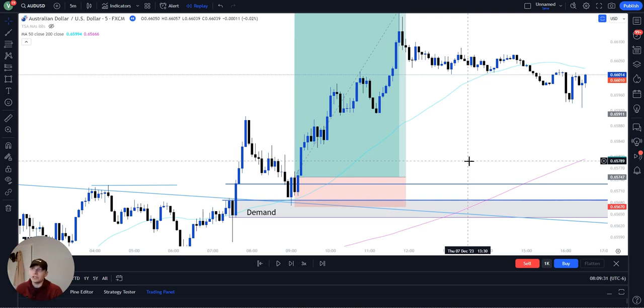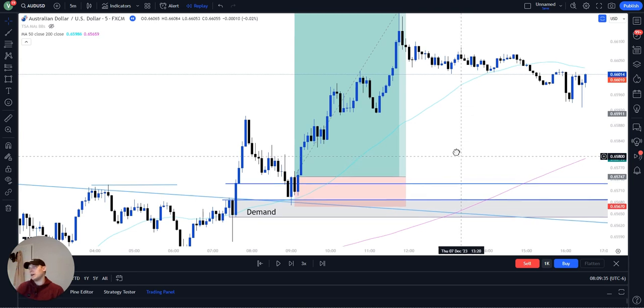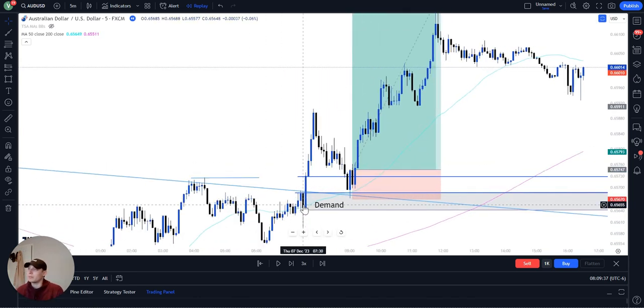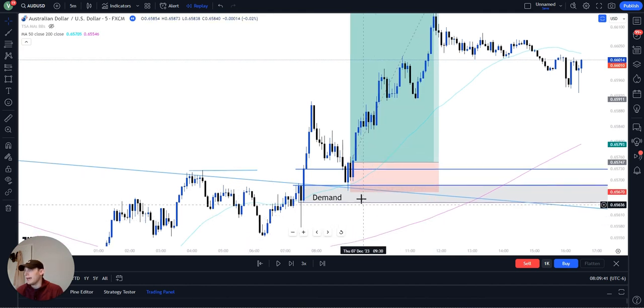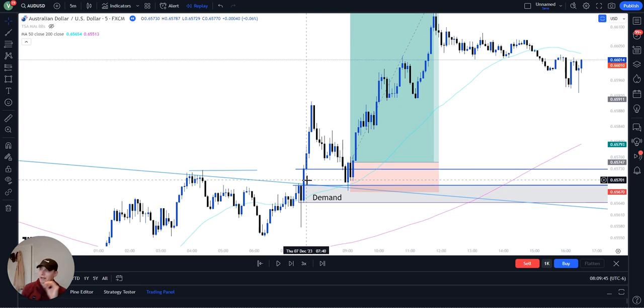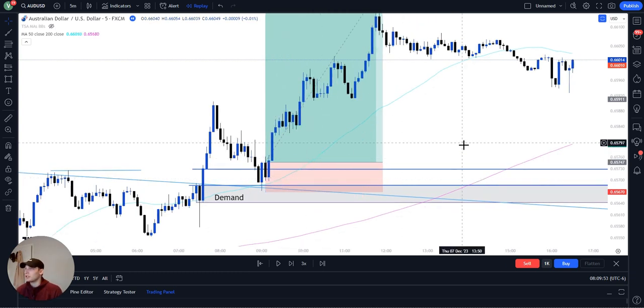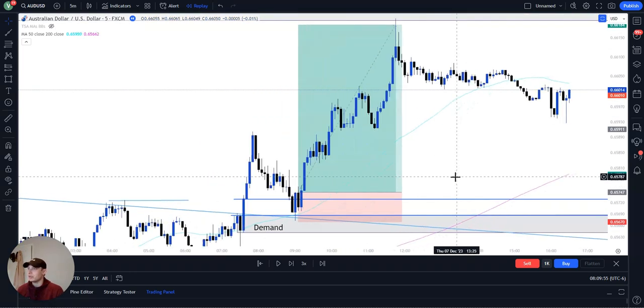Now there are low probability setups with 1 or 2 confluences that'll play out, but with a clean break of structure, trading above the 200 and the 50, and the gap being filled on a supply or demand zone, that will play out more times than not. And that's what I've seen in my trading career so far. So just wanted to show that.